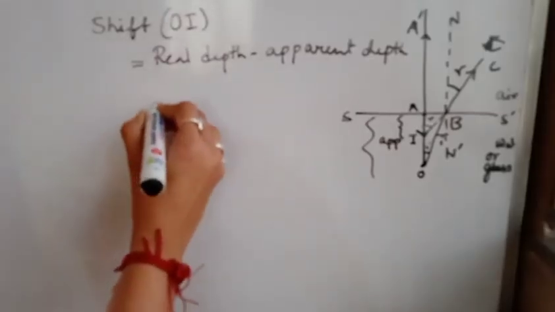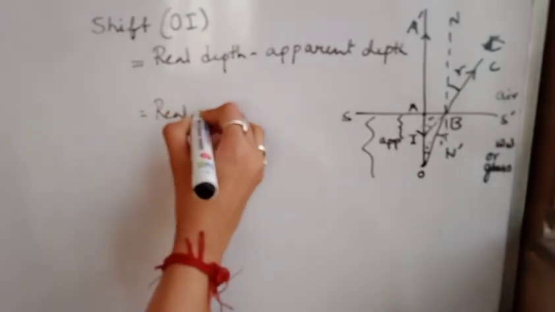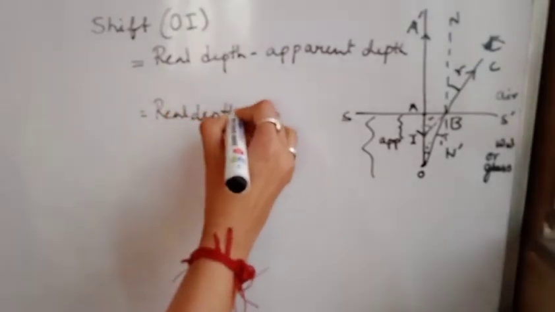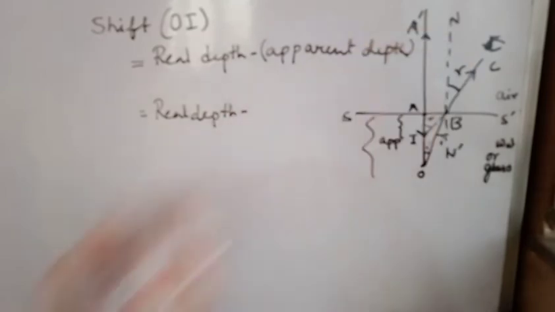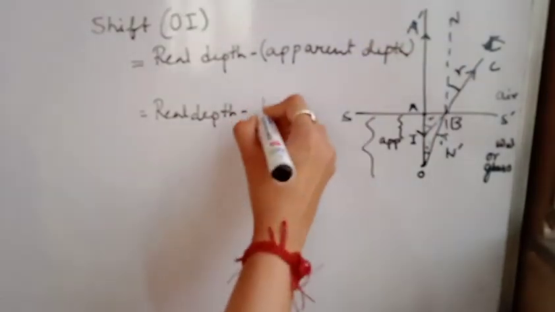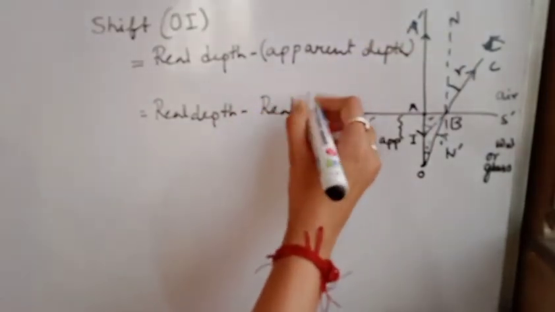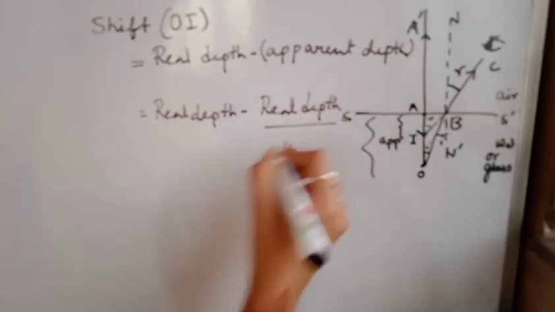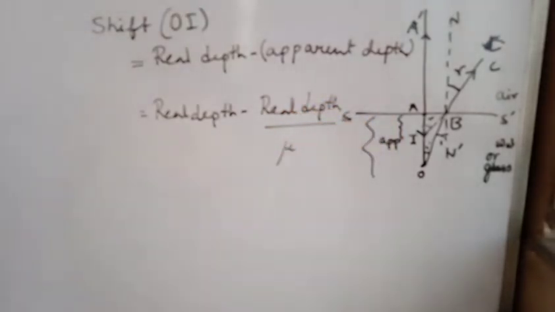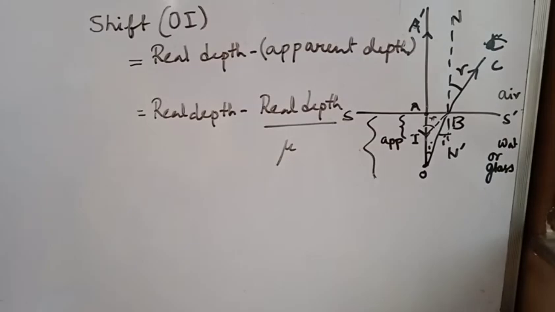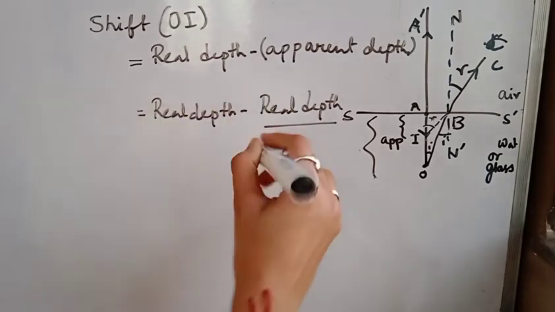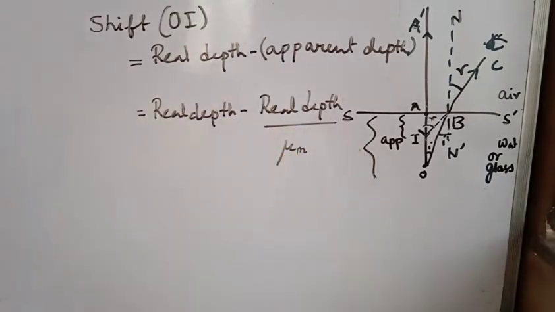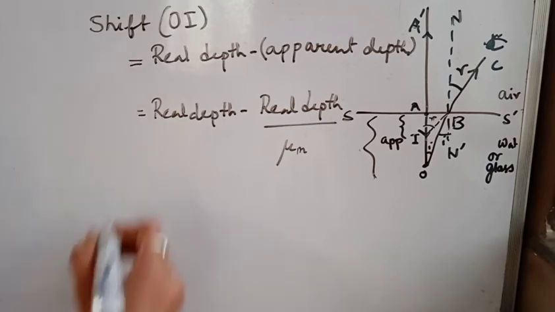Now as we know, the real depth minus, we are substituting this apparent depth by real depth by mu, where mu is the refractive index of the second medium with respect to air or the first medium. We are just writing it as mu, or we can write it as mu m for your knowledge.